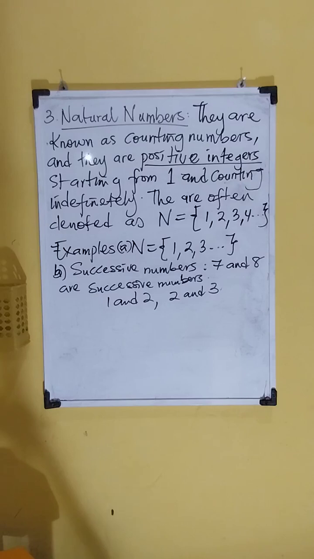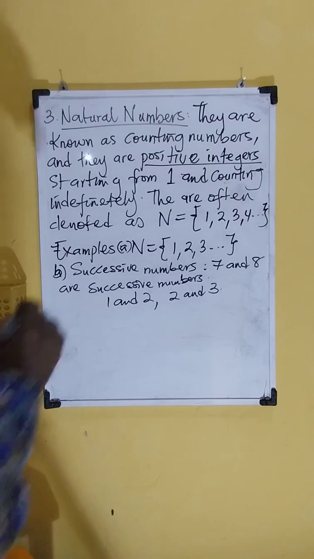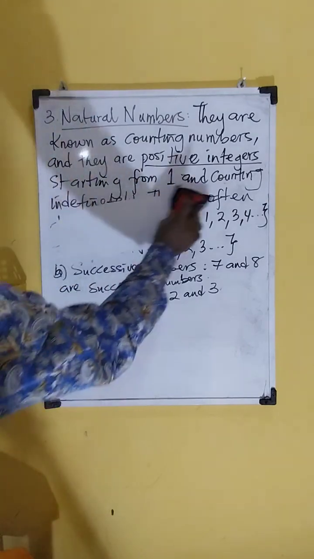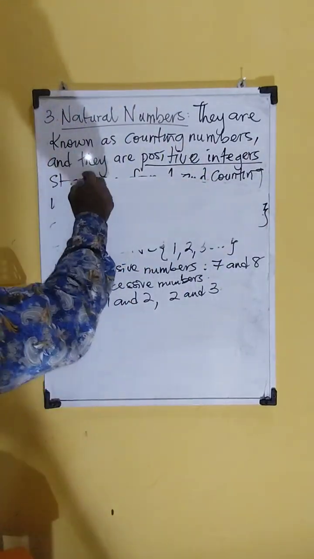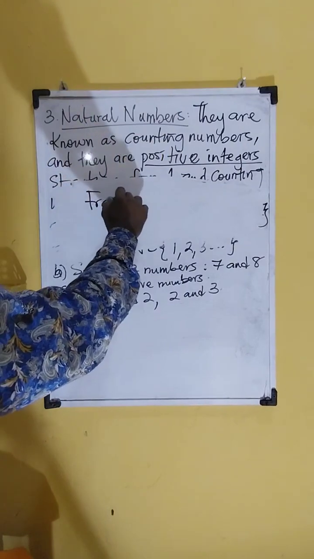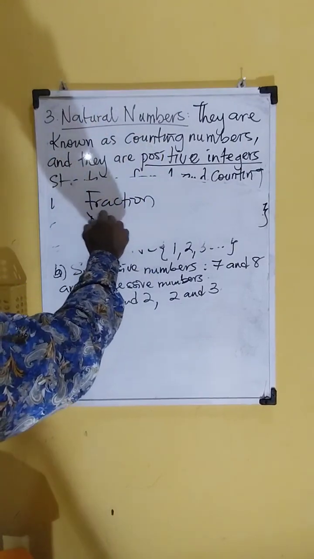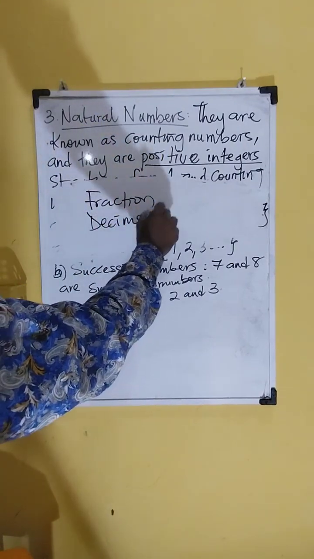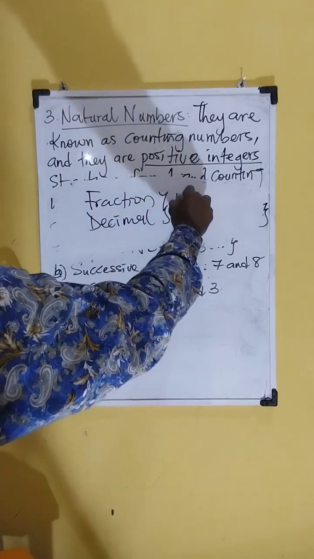With what we have learned so far, the way to identify an integer, first of all, you should know that it is whole, as in it is complete. The main thing you need to know is that it is not a fraction and it is not decimal. So anything around fraction and decimal, integer will say don't count me in.